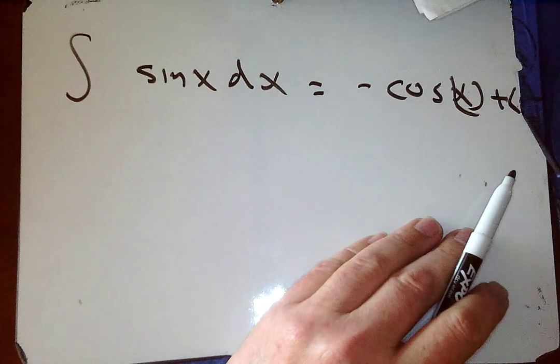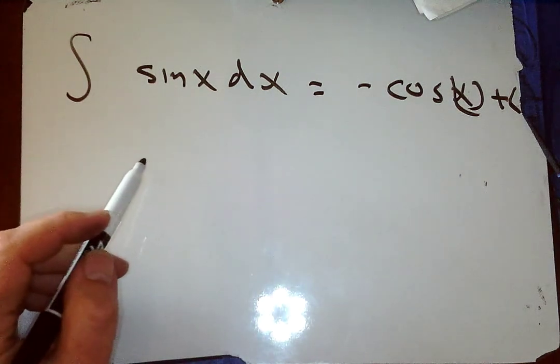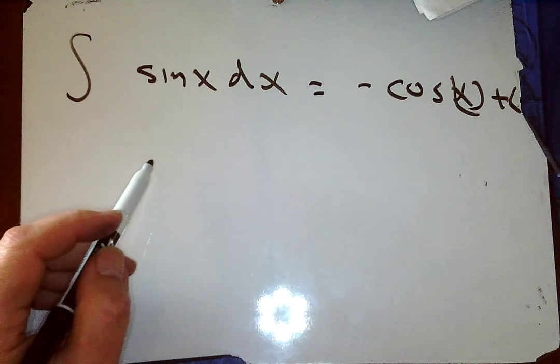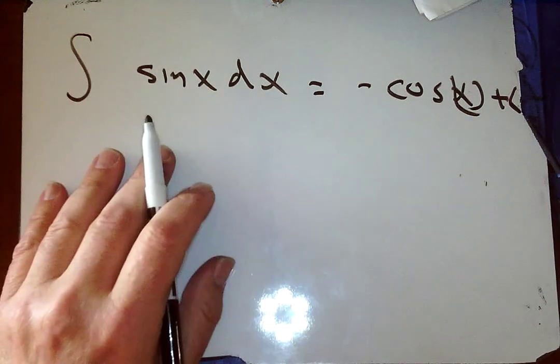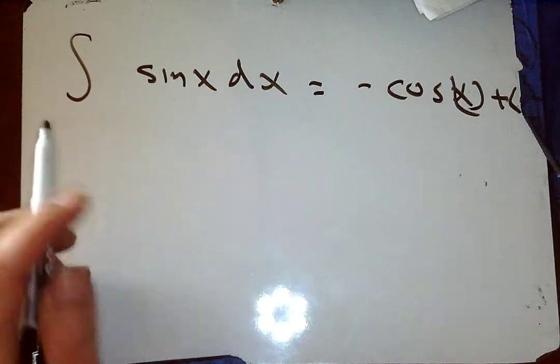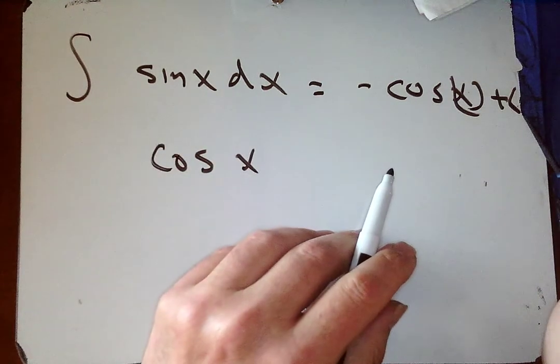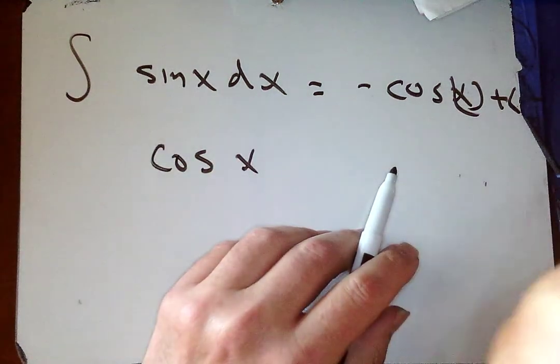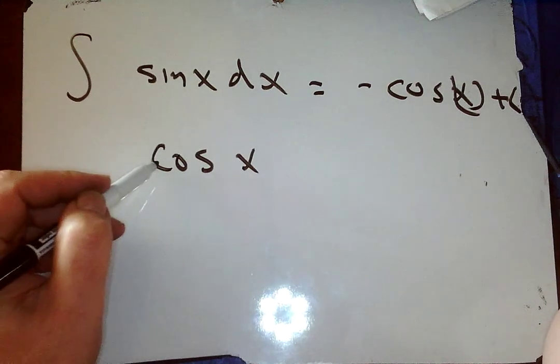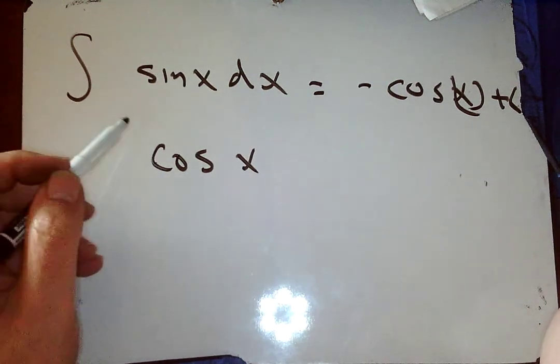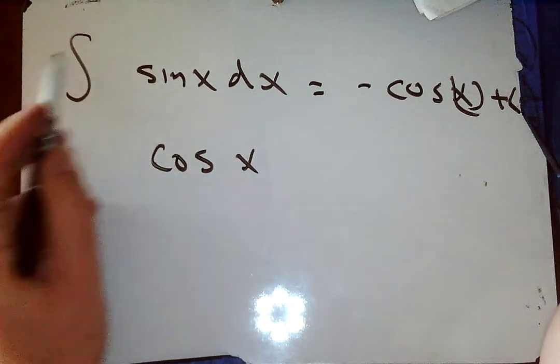But you could also think about it this way. You could say, well, how about cosine? Is cosine the antiderivative? Well, if I take the derivative of cosine, I get negative sine, and I don't have a negative here.